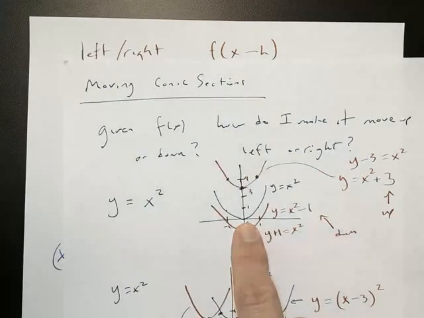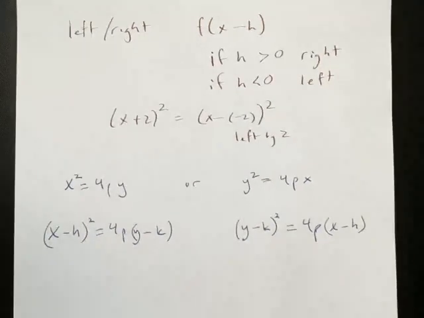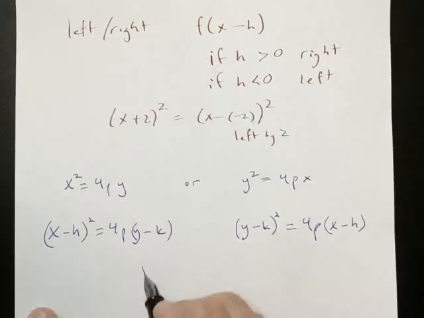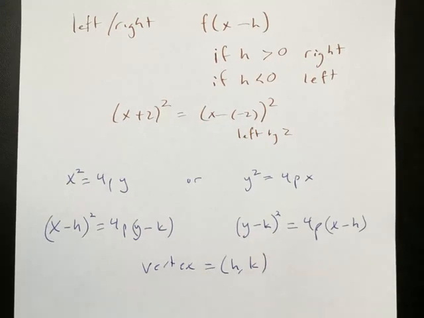The vertex now gets moved exactly by h and k. So in these two cases, my vertex changes. And once my vertex changes, everything changes relative to that.